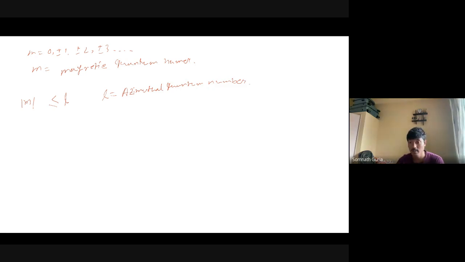In the initial days in class 11, I think you are well aware of that. We have a principal quantum number n, we have an azimuthal quantum number l, and we have another quantum number, the magnetic quantum number m, and another is called the spin quantum number. Spin is not included in that course, but spin always comes in a later part.